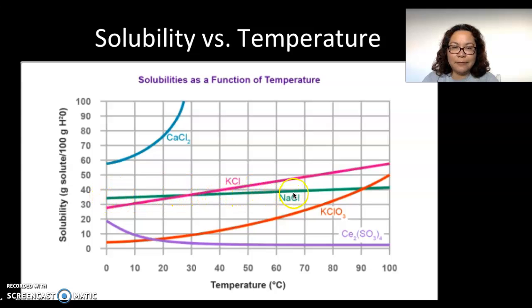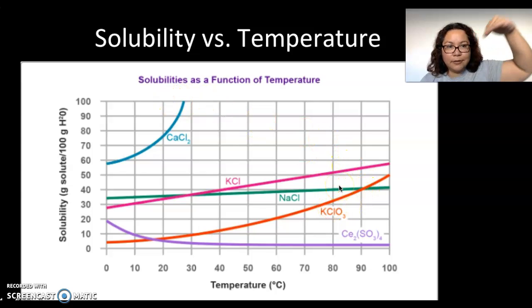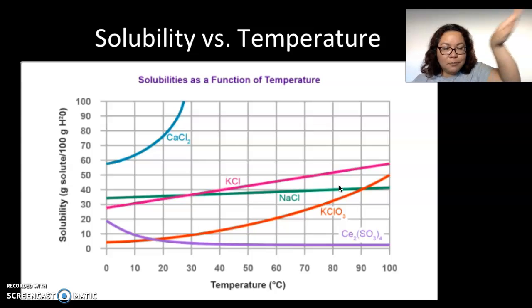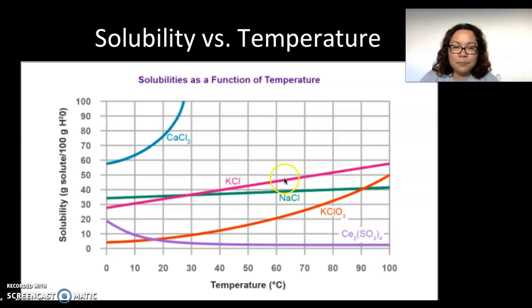It's practically flat compared to the slopes of KCl, potassium chloride, and potassium chlorate, and also calcium chloride. These other 3 substances have a higher slope. That higher slope, that increase in slope, also means an increase in speed, the rate.